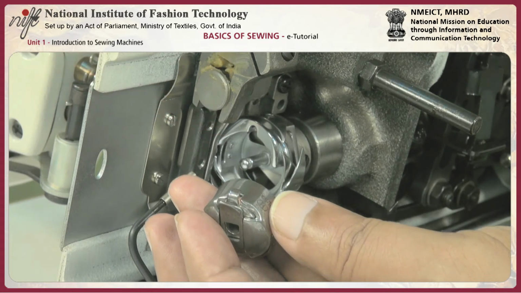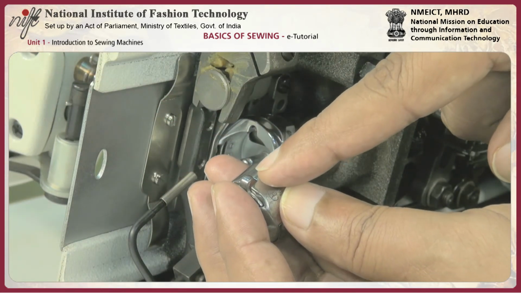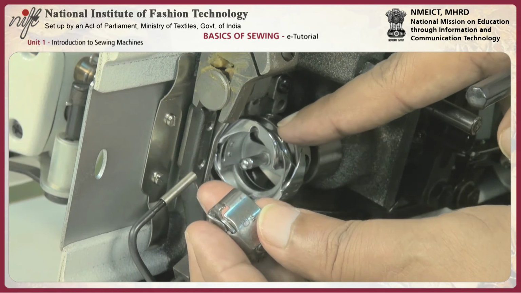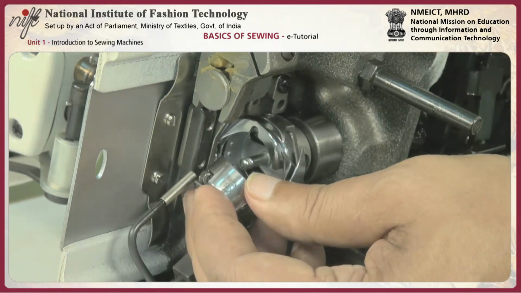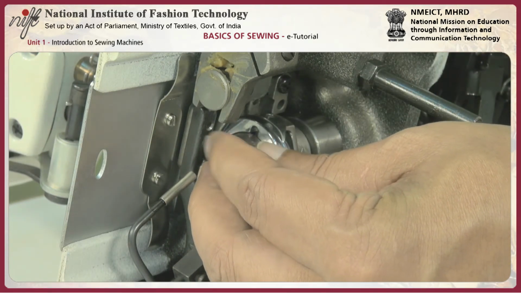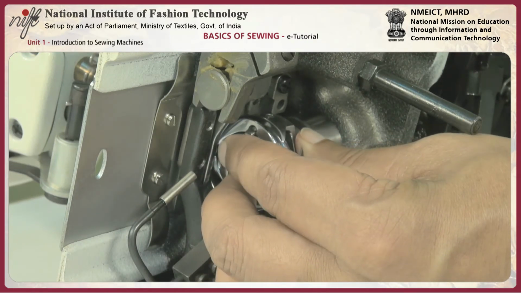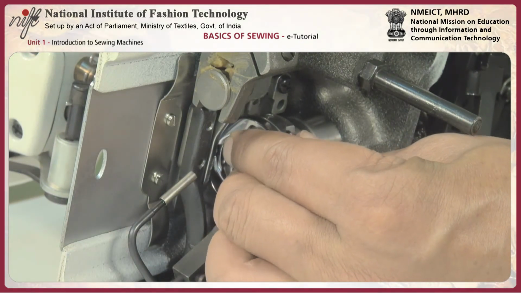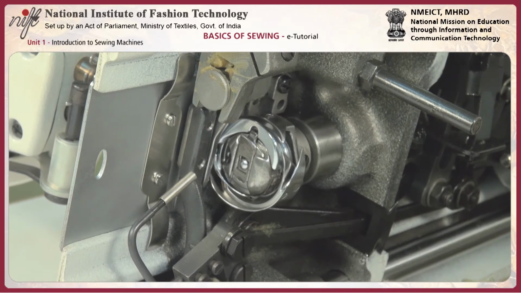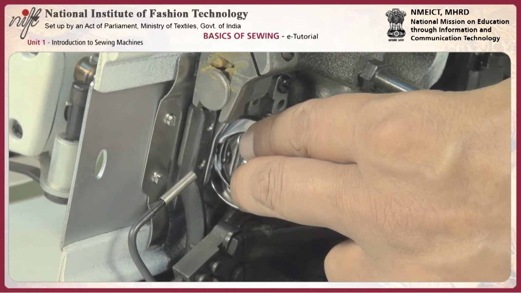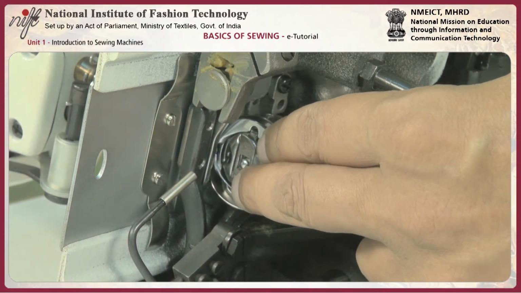Ensure that this knob is fixed in this cut mark. Now I am going to fix this bobbin case, and now push it. Ensure that when you are pushing this, the needle should be in the top position.